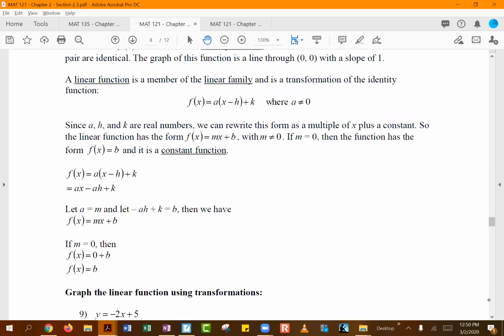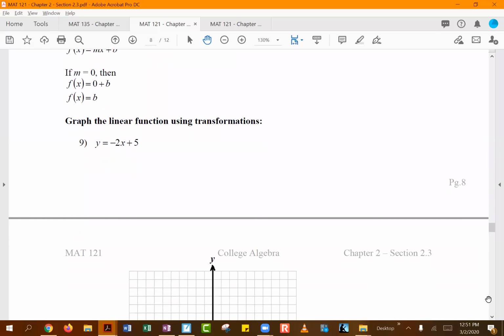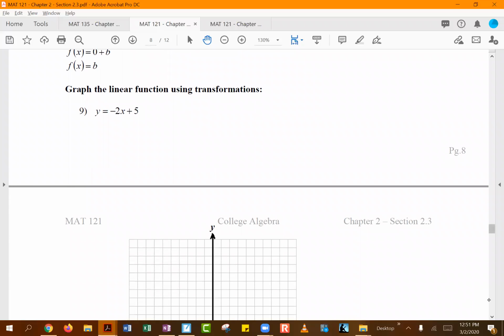So each linear equation that you look at is actually a transformation on that original linear y equals x function. Every time you have y equals 3x minus 4, that's a transformation. y equals negative 1/2 x plus 2, that's a transformation on your linear function. So they have this linear function here, y equals negative 2x plus 5, and they're asking us to graph this using transformations. You have the negative, which gives us reflection.